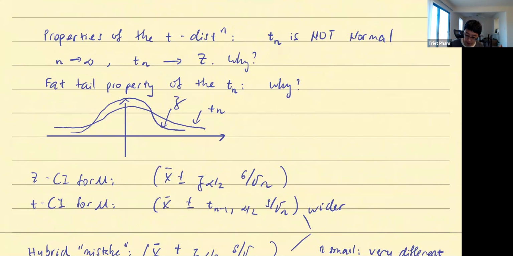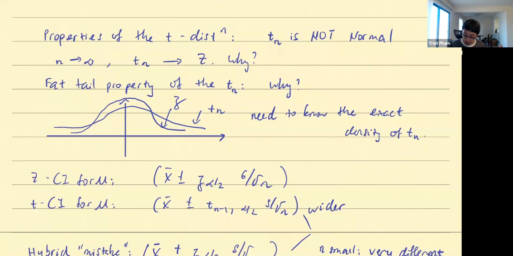In fact, the fat tail requires us to know the exact density of Tn. I mean, exact is too much, but at least what the density looks like. To say that Tn has a fat tail means that the density comes down more slowly than the z distribution. Unless you know what the density of the T is, you will not be able to establish this rigorously.